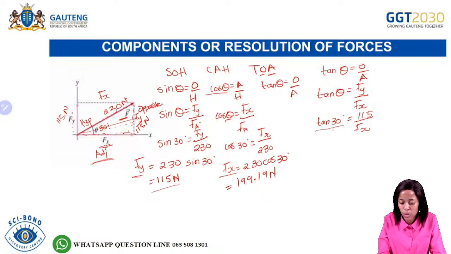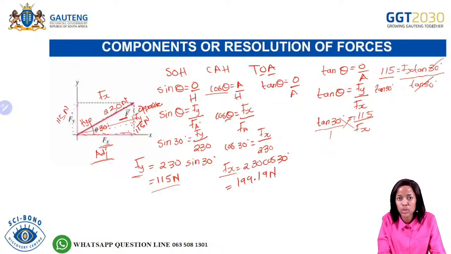So from there, what are you going to do? You can divide the left hand side by 1, and then you can cross multiply. So the 115 multiplied by 1 will give you 115, and then Fx tan 30 degrees. So from there, you know that you need to divide both sides by tan 30 degrees, so that you can get rid of the tan 30 degrees.